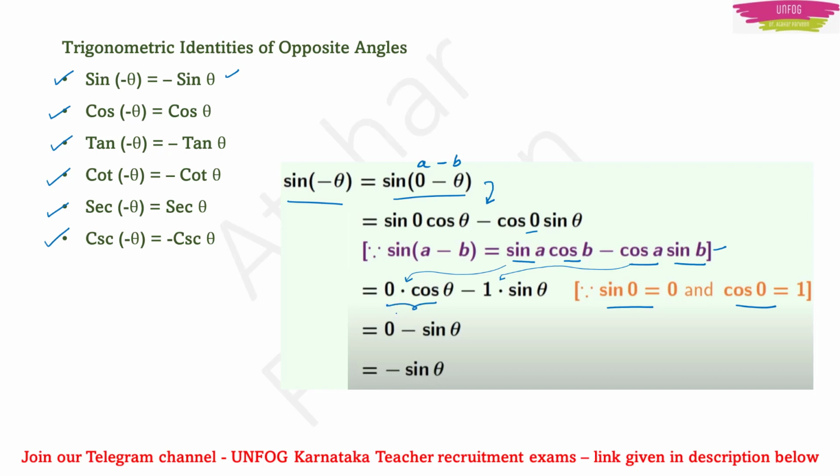Anything multiplied by 0 will be 0, and minus 1 times sin theta, so your answer will be minus sin theta. This is the identity. Like that only you can derive the other identities also. So these are known as identities of opposite angles.